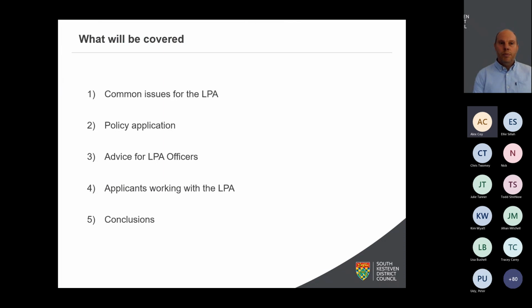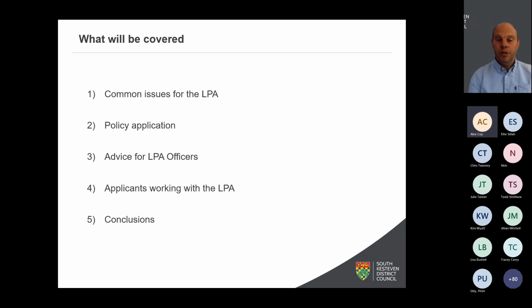So yeah, just what I'm going to talk through today. Starting off with some common issues that local planning authorities experience. And then I'm going to break down the actual paragraph 80 policy a little bit and sort of look at that. I'm going to give some advice for local planning officers based on the schemes that I've dealt with over the time.